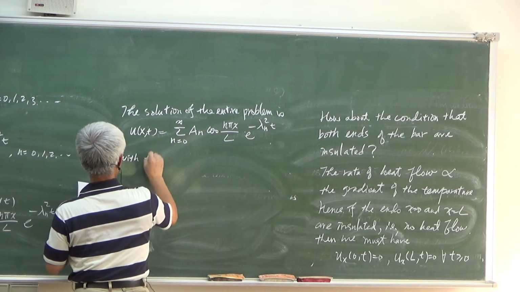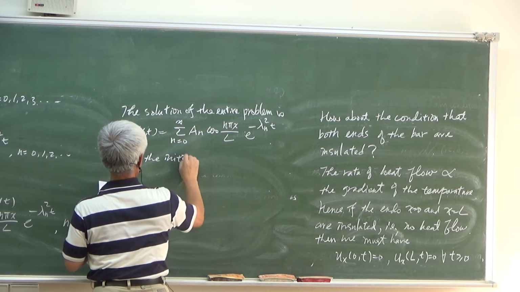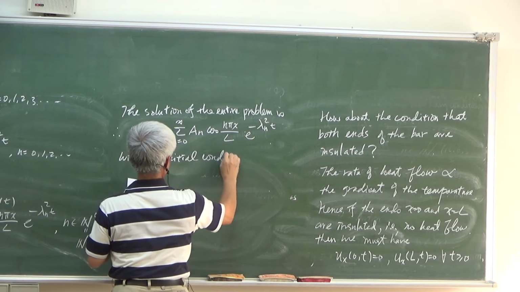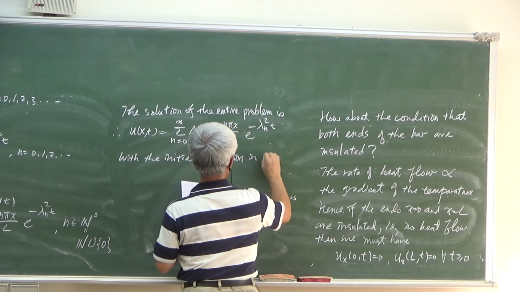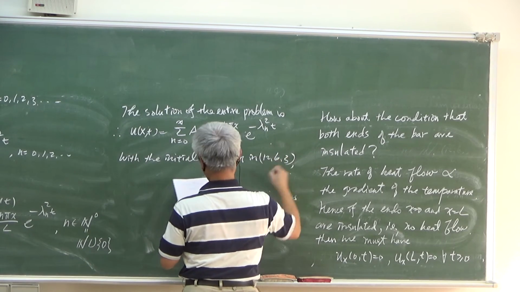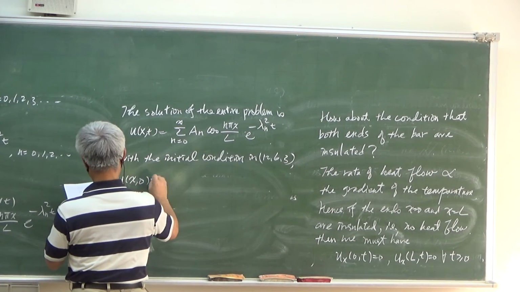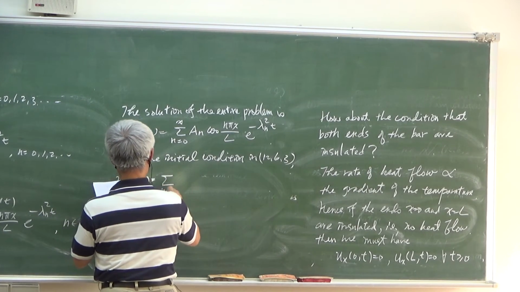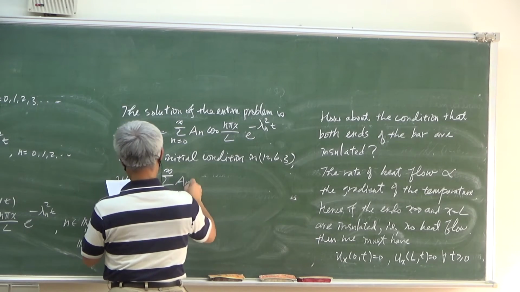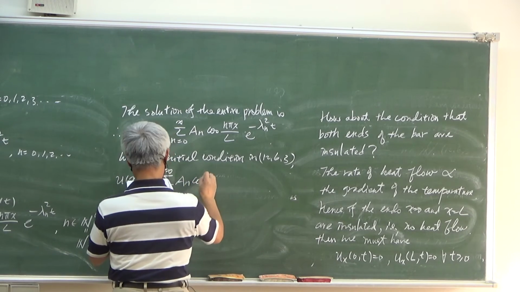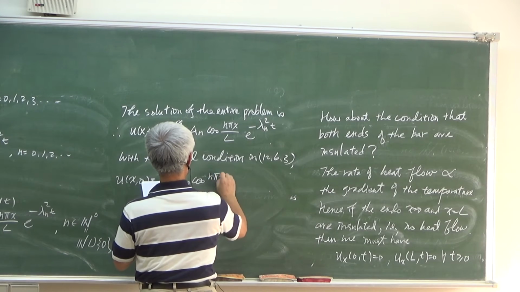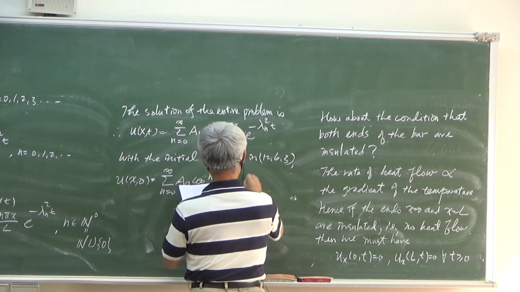With the initial condition in 12.6.3, we have u(x,0) equal to the sum from n equals 0 to infinity of A_n cosine n pi x divided by L, which is equal to f of x.